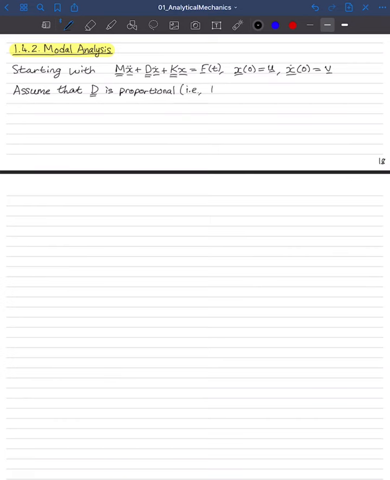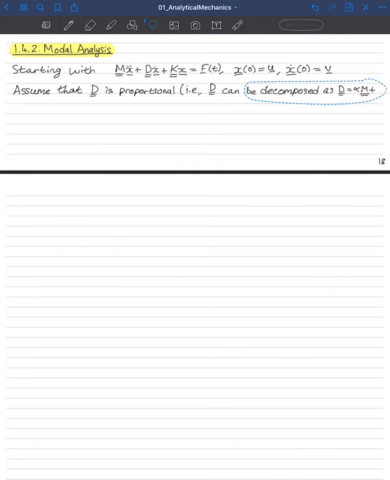D can be decomposed. Let me rewrite the D. D can be decomposed as D is equal to alpha times M plus, and I'm going to run out of space here.